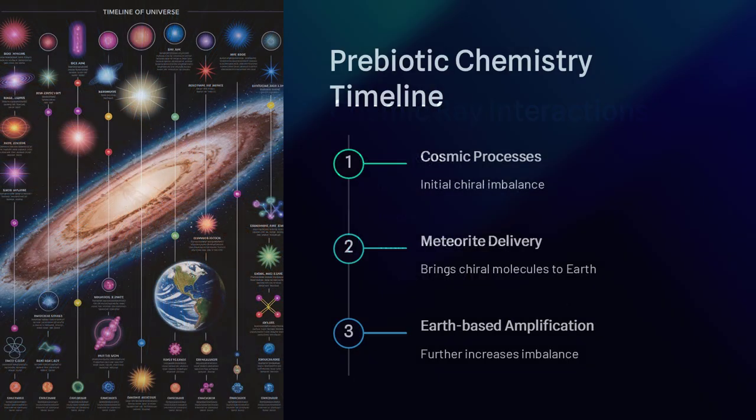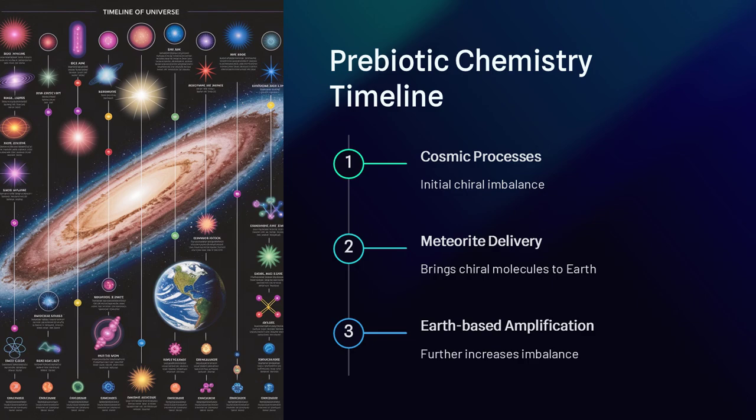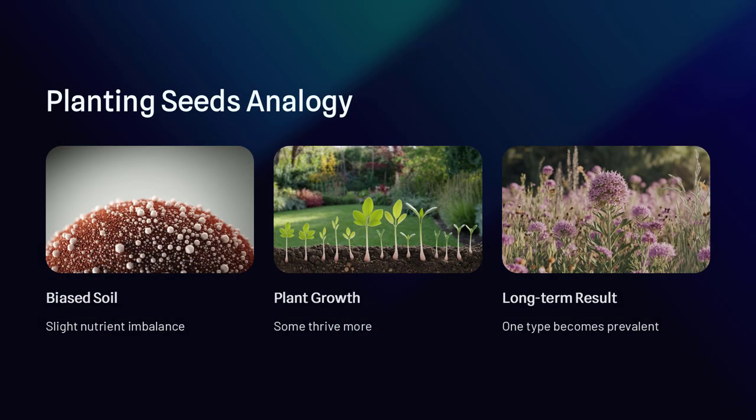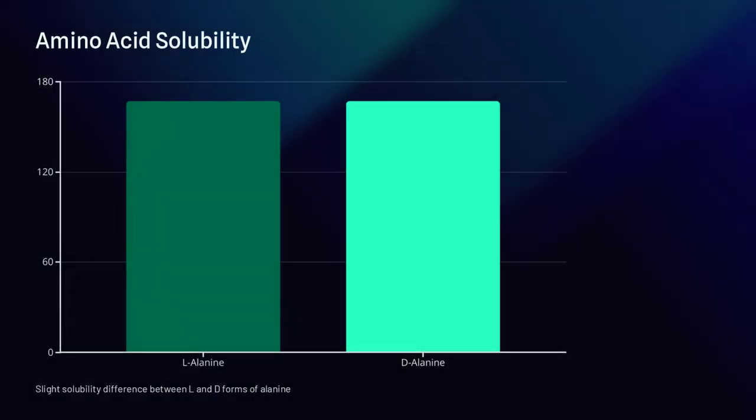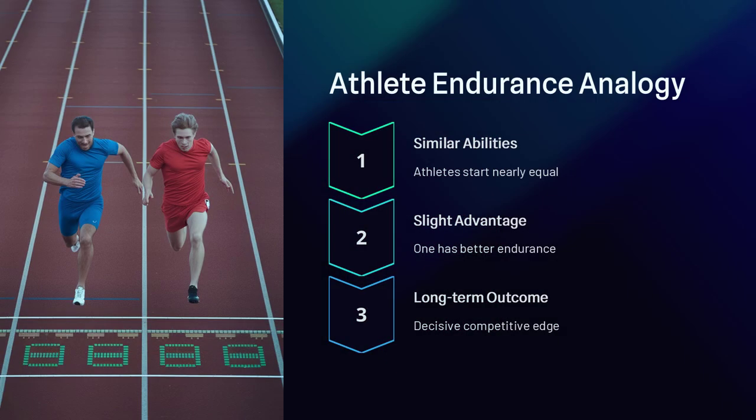Another theory involves autocatalysis, where chiral molecules catalyze the production of more molecules with the same handedness. If even a tiny imbalance occurred in primordial conditions, perhaps due to stochastic fluctuations or mineral surfaces that preferentially absorbed one chirality, it could have been reinforced over time.